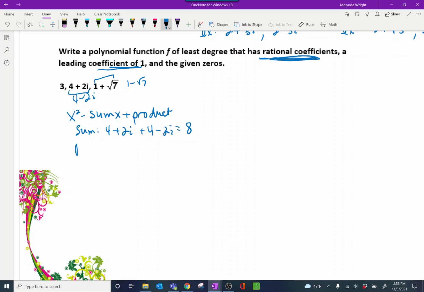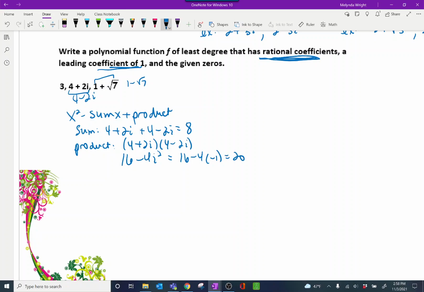Then we do the product, and that is 4 plus 2i times 4 minus 2i. Okay, so let's multiply that together. So 4 times 4 is 16. Inside, outside go away. That's the beauty of the conjugate. Minus 4i squared. We know that 16 minus 4 times negative 1, because i squared is negative 1. Let's see, what does that give us? That gives us 20.